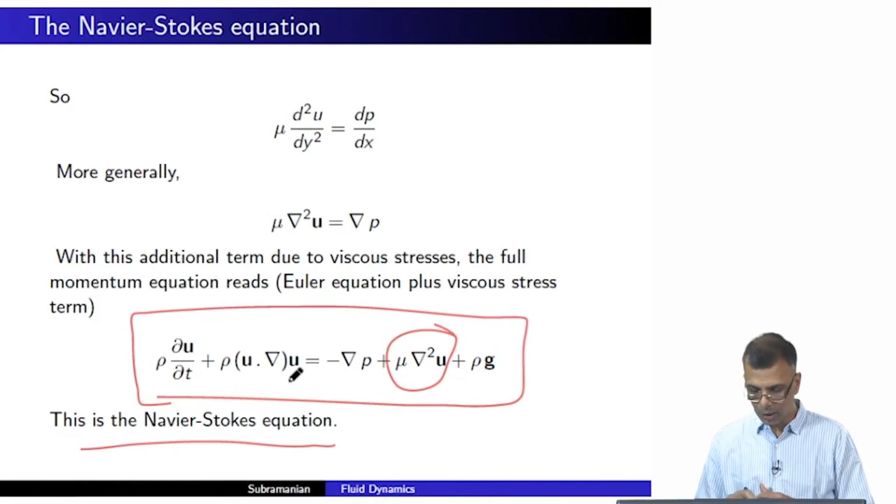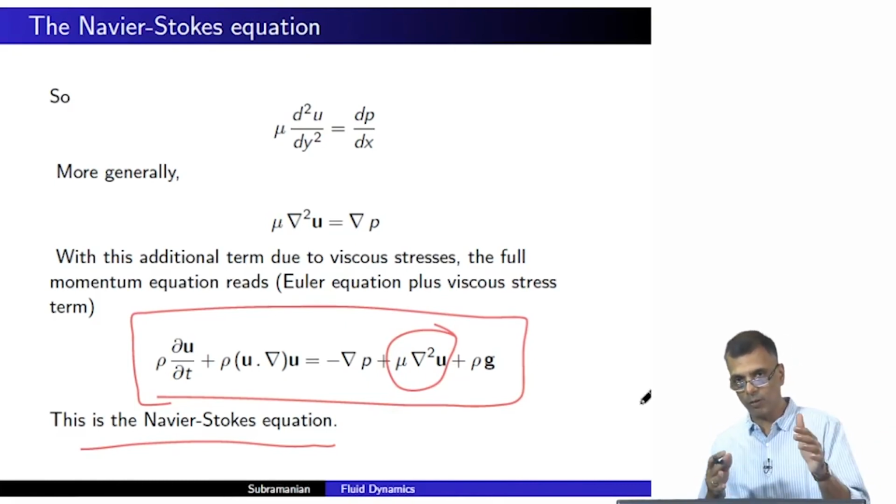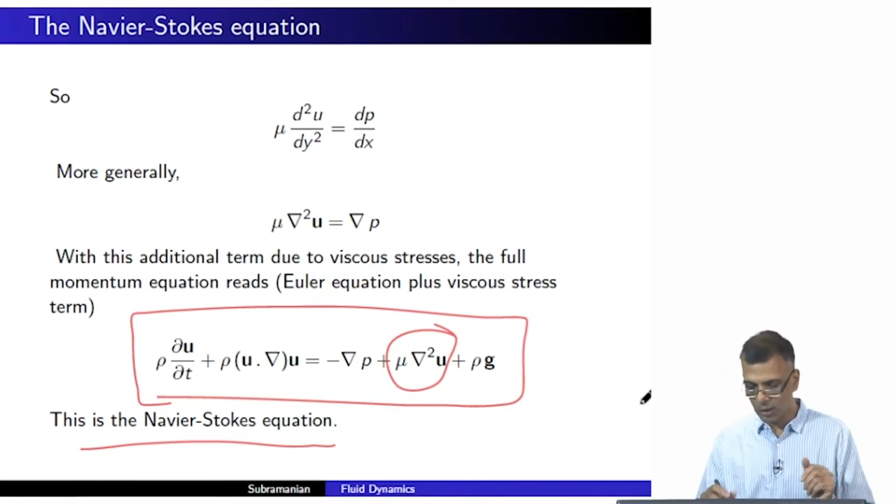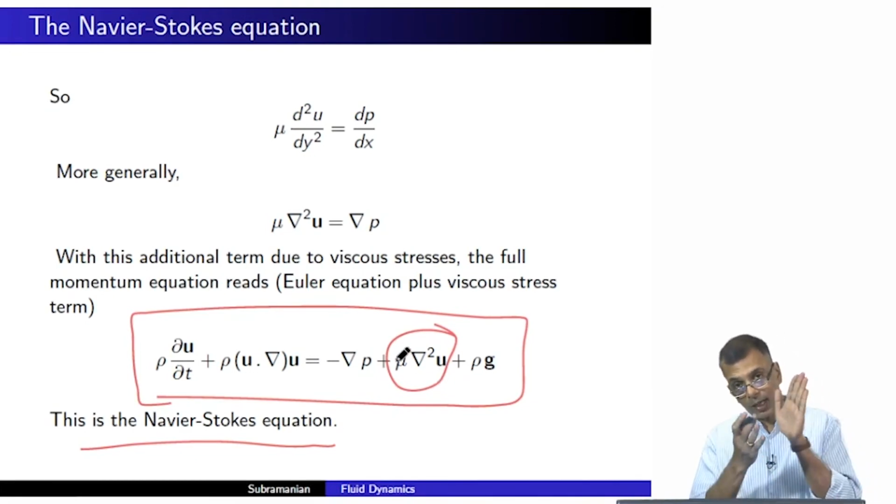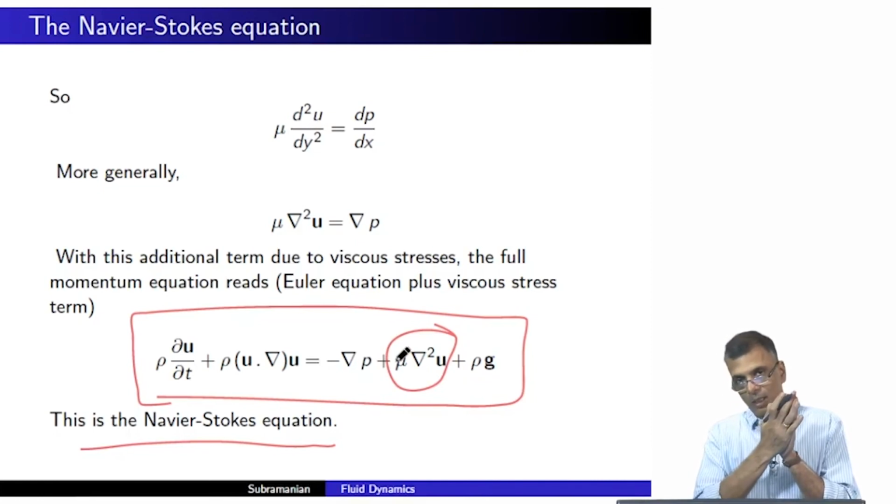Although in general, in the bulk flow, up until it hits the wall, this term would not be important because mu itself is very small. Right at the boundary, the water is coming to a crashing halt.